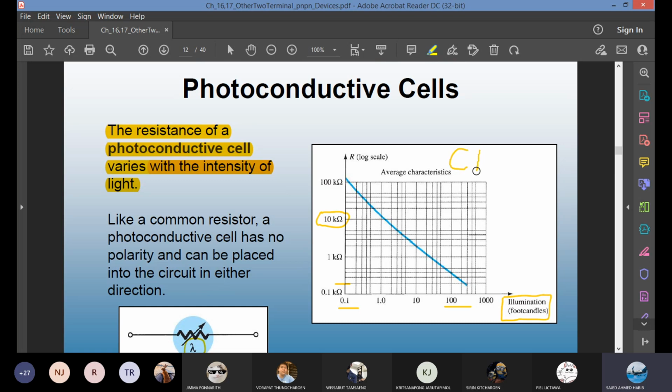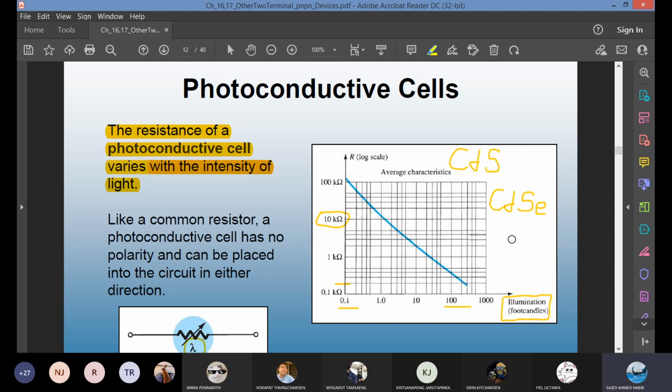Cadmium is Cd, and sulfur is S. Cadmium sulfide is like this, CdS. The other one is cadmium selenide. So Cd for cadmium, and selenium is Se. These two are the most common materials for photoresistive devices.